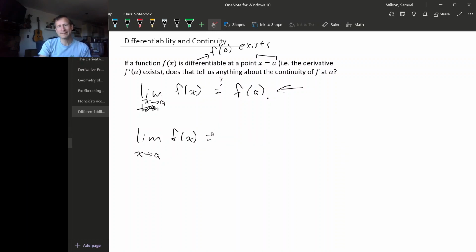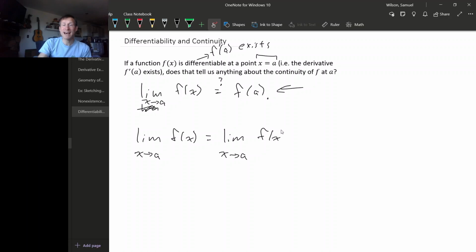Well, we have to get f of a to show up somehow, right? Because if we're hoping to end up with f of a at the end of our calculation, f of a had better show up somewhere. And there's really only two ways to get f of a to show up. One way is to multiply and divide by f of a, but that doesn't seem like such a great idea.